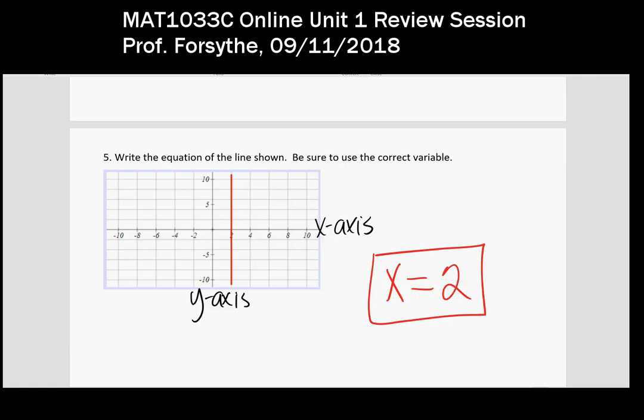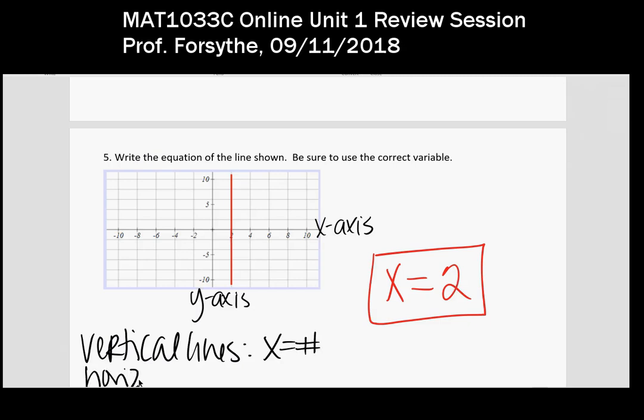And that's it. So keep in mind that vertical lines are x equals a number, and horizontal lines are y equals some number.